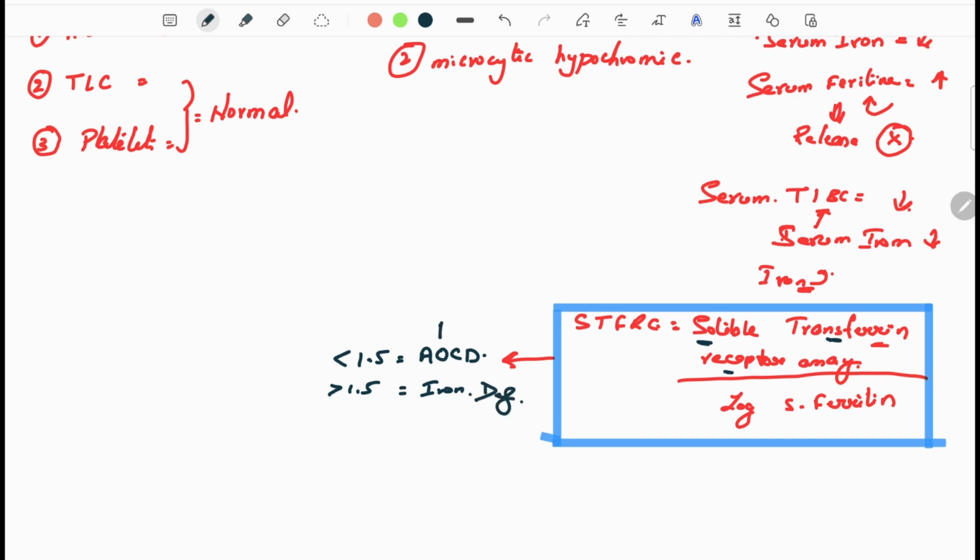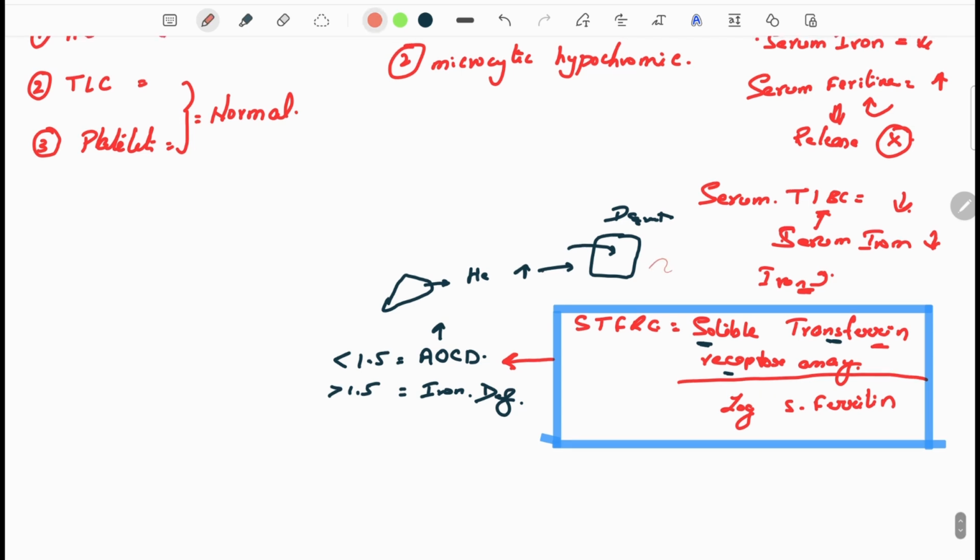In anemia of chronic diseases, the liver is getting affected, because of which hepcidin will increase. As hepcidin is increasing, the iron absorption will be normal. For example, this is the duodenal enterocyte. Iron is absorbing into the cell. So, this hepcidin will affect the enzyme, that is ferroportin, present on the basolateral membrane of the enterocyte, because of which the iron is not coming out.